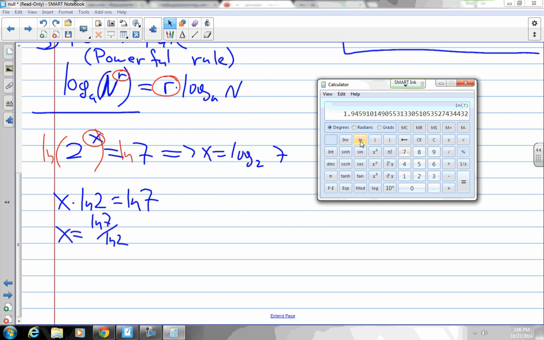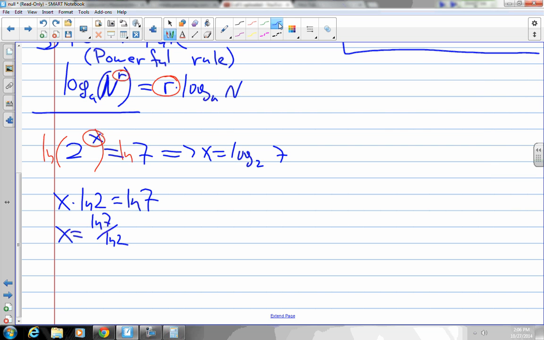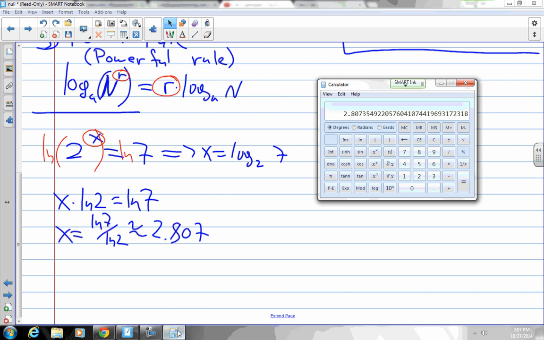So natural log of 7 divided by natural log of 2. So there we go. 2.81. Is that fair? 2.807. How about that? What was that? Well, the computation? Yeah. So again, this tells me natural log of 7 divided by natural log of 2, and I have the natural log button on my calculator.